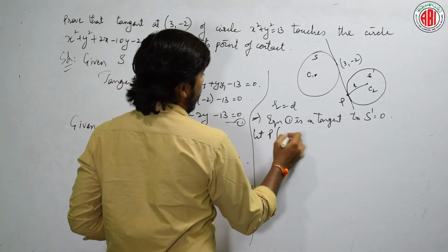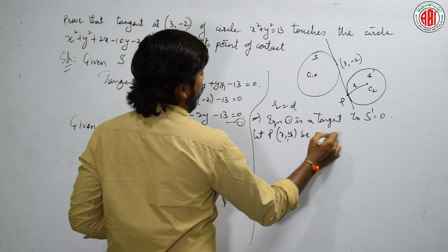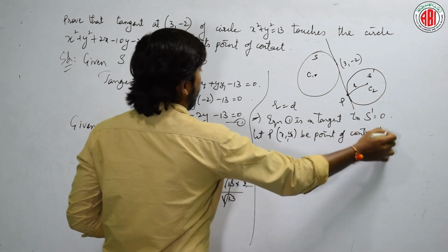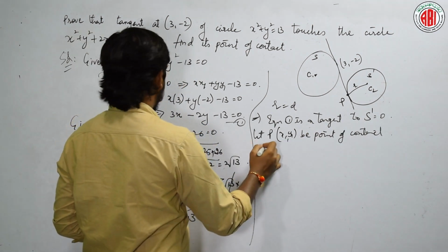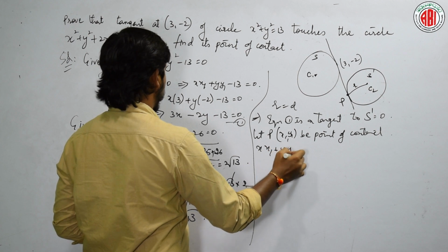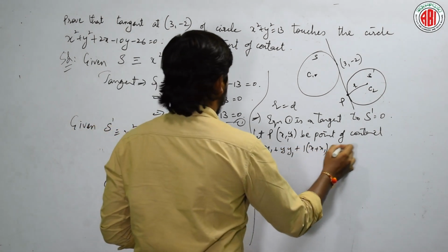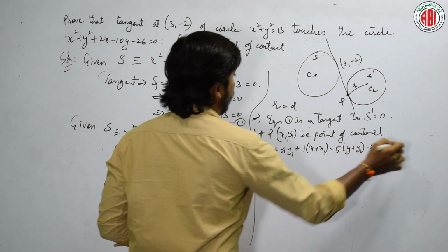Let P is x1 y1 be point of contact. So, I will get it as tangent for this, that is xx1 plus yy1 plus 1 into x plus x1 minus 5 into y plus y1 minus 26 equal to 0.